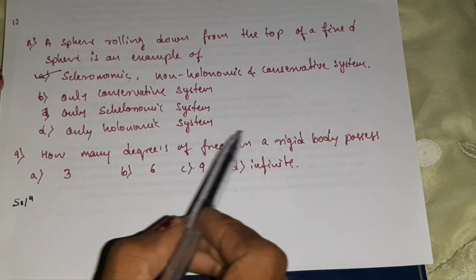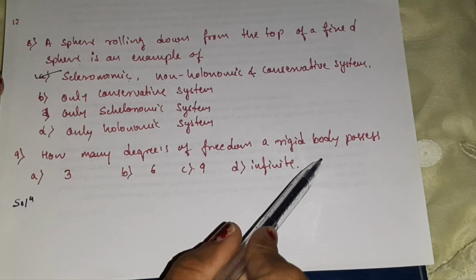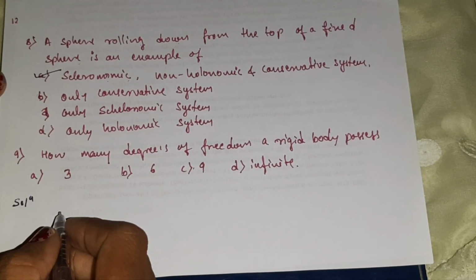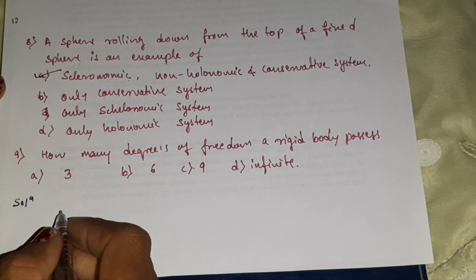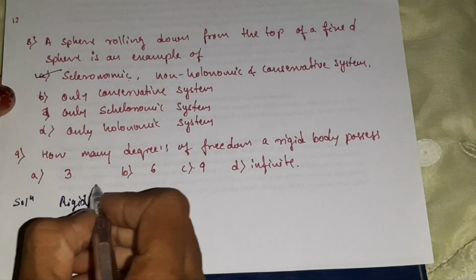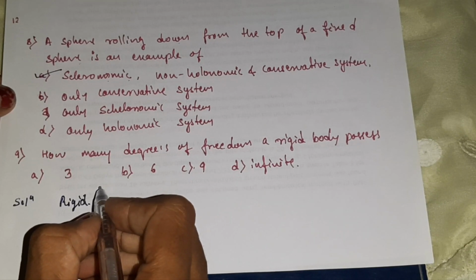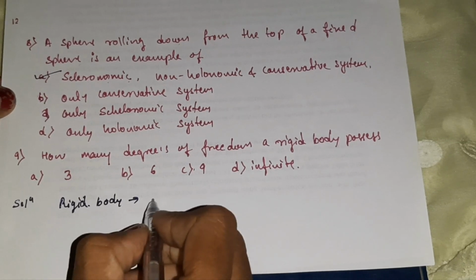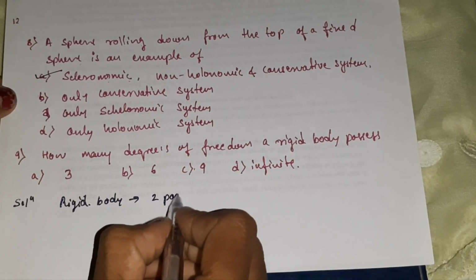So how many degrees of freedom does a rigid body possess? As we know, a rigid body is what? A system of particles in which the distance between any two particles remains fixed. The distance is not going to vary between two particles.